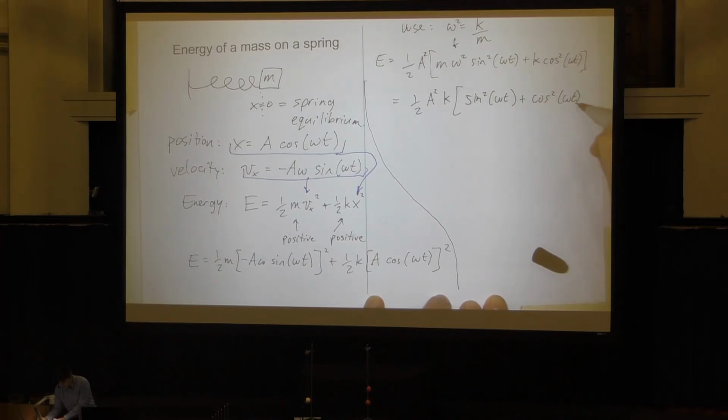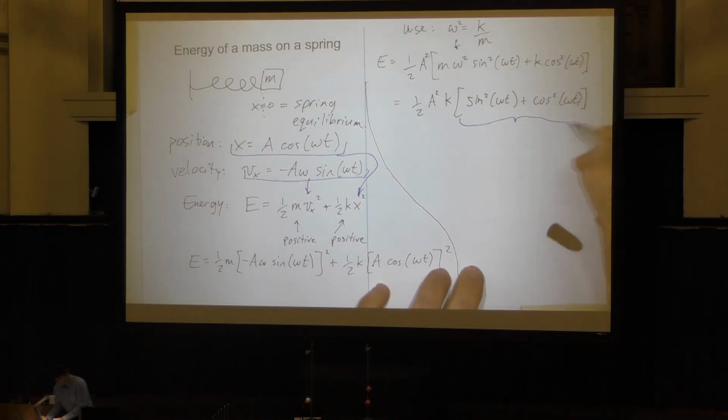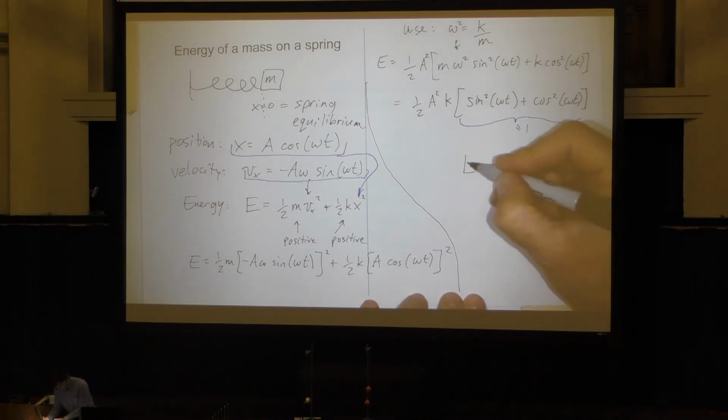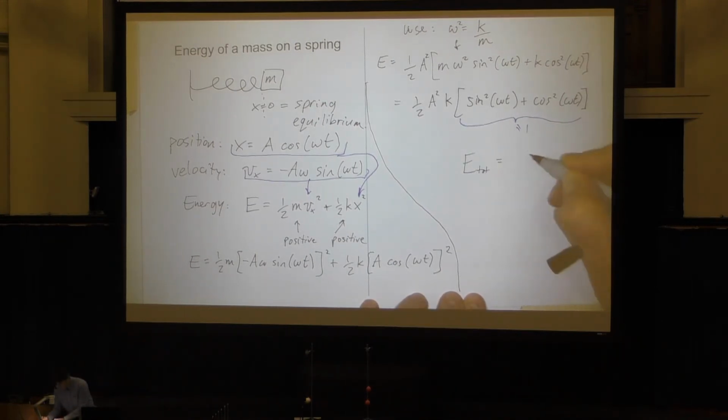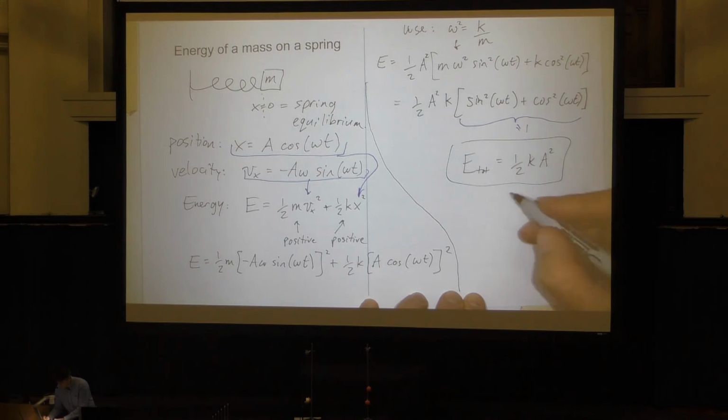Does anyone know what sine squared plus cos squared equals? Boy, you guys are from high school. Okay, good. That's very good. So that's it. So we write it as the total energy of a simple harmonic oscillator is 1/2 k times a squared. And then this is sort of an exercise for the student.